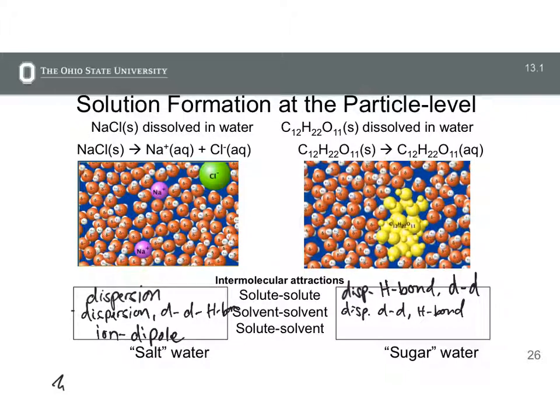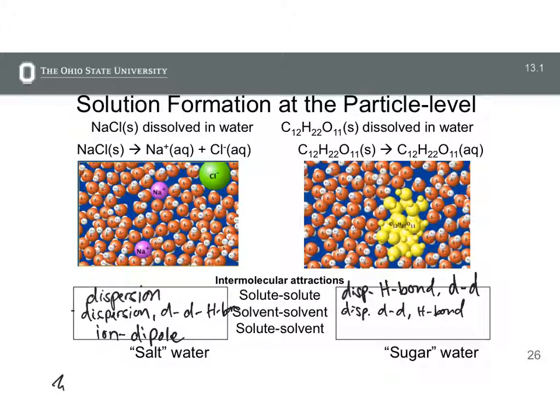You do not have hydrogen bonding with the solute and the solvent. So there's no hydrogen bonding between ion and dipole. So really, ion dipole is the only intermolecular attraction that we're going to concern ourselves with here.